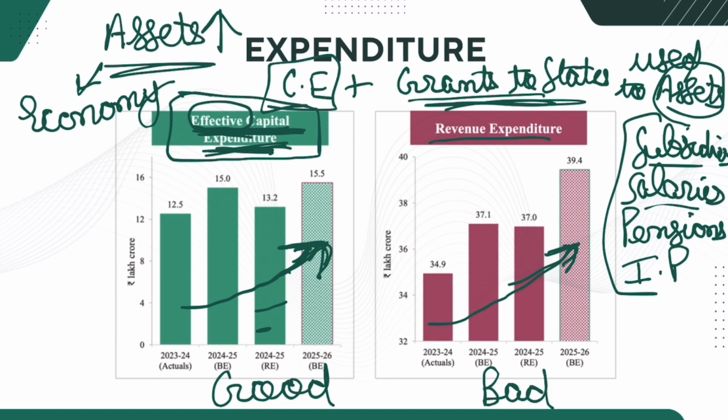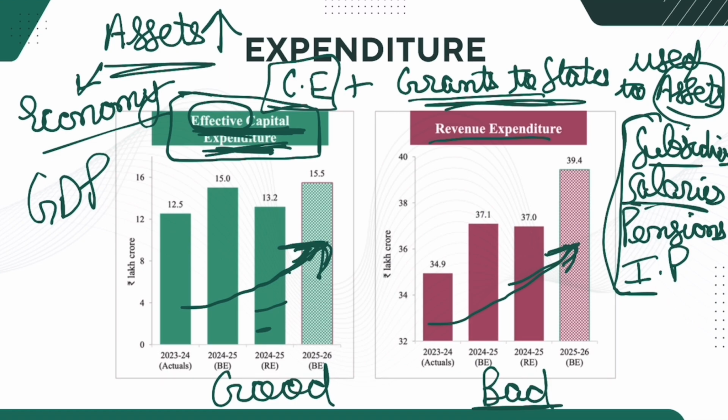As far as economists are concerned, they consider revenue expenditure to be wasteful expenditure. But they consider capital expenditure to be useful, good for the economy, good for GDP. So this is bad as far as economists are concerned. It might be good for government employees because their salaries and pensions are increasing. It might be good for people because their subsidies are increasing. But as far as GDP and economists are concerned, it is considered to be bad.